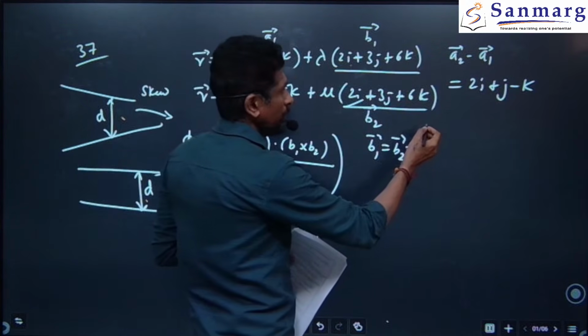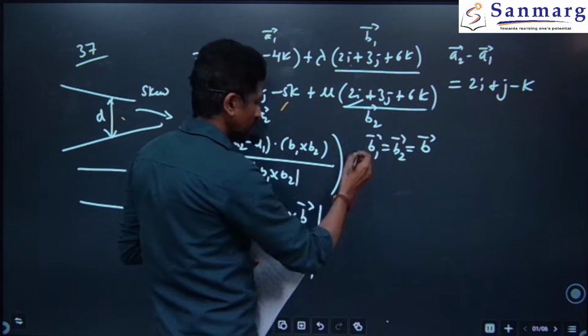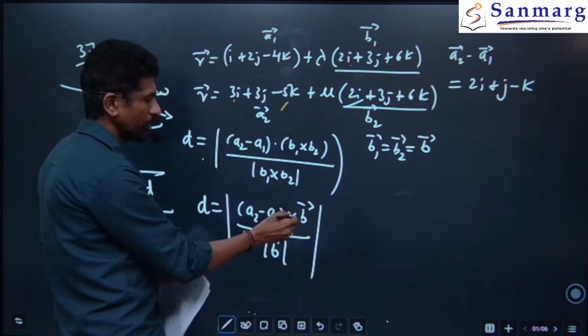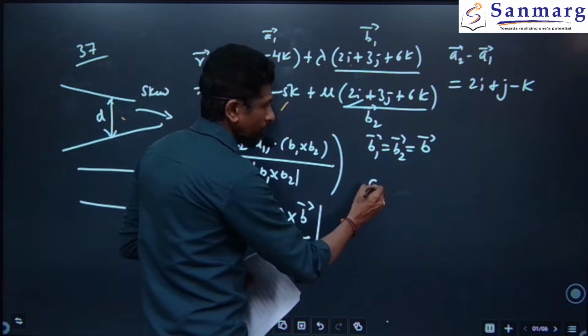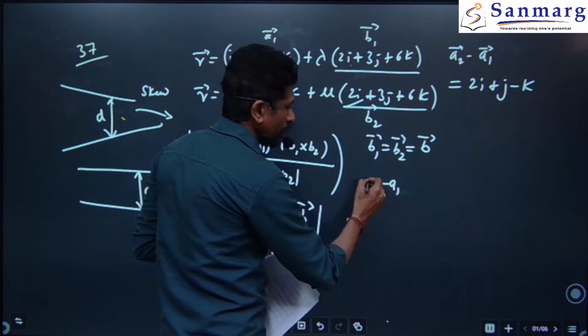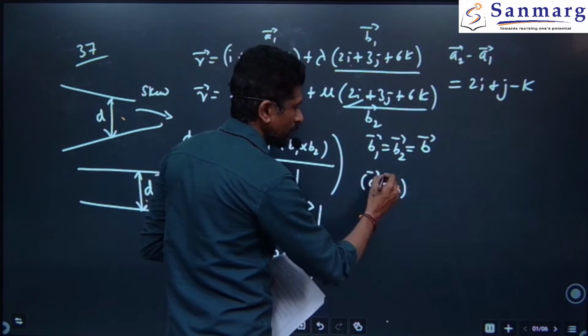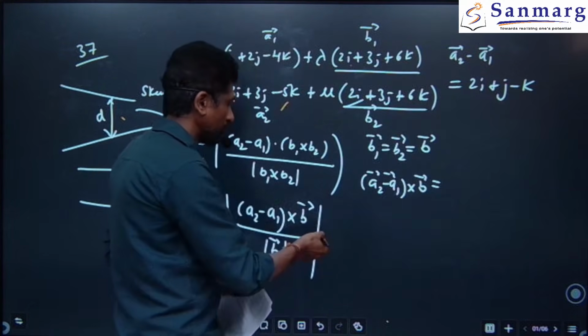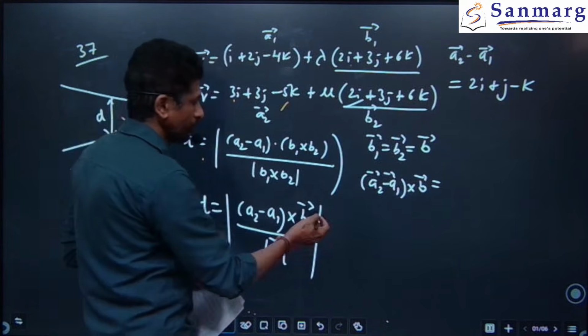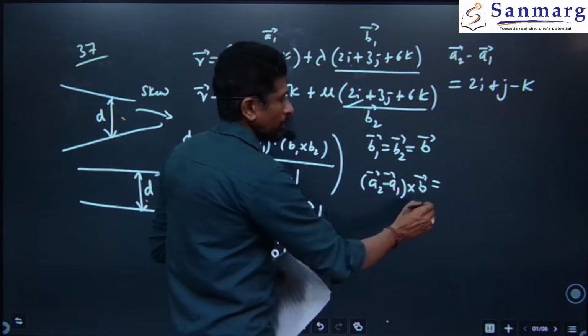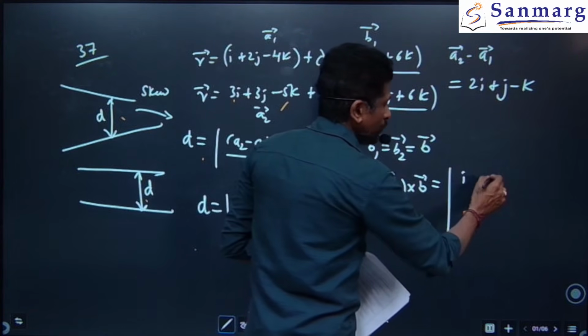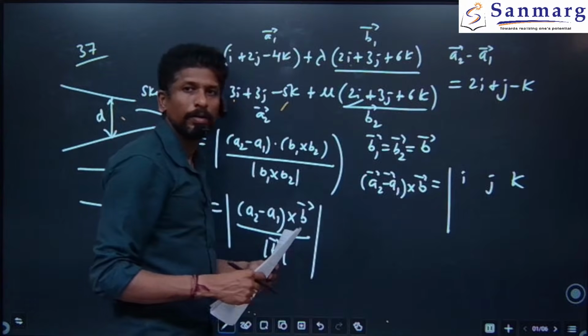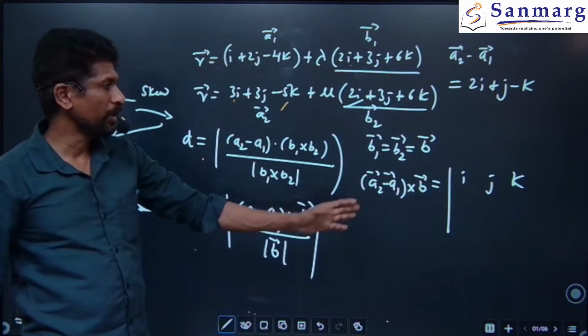So first, considering a2 minus a1 cross b, I will first find the numerator, a2 minus a1 cross the b vector. The modulus of the b vector you can easily find out. Cross means you have to go with vector multiplication.